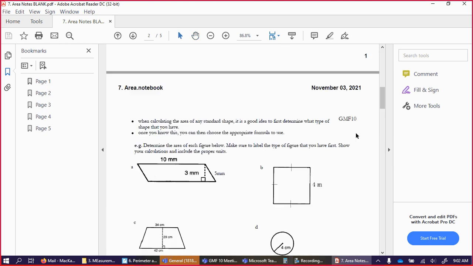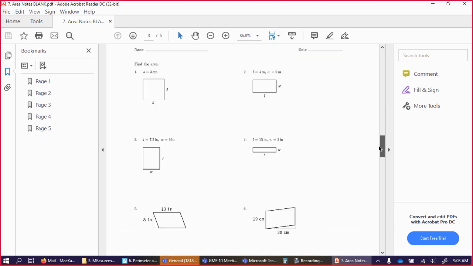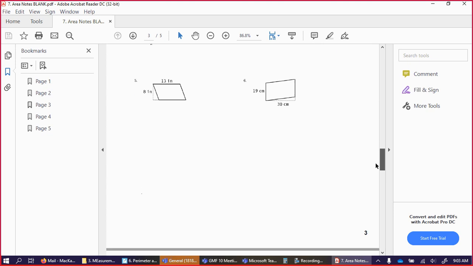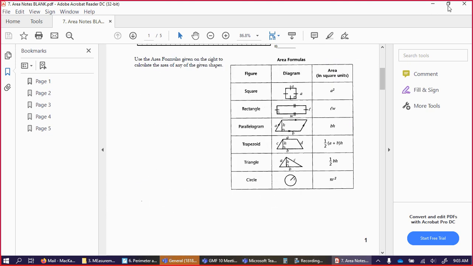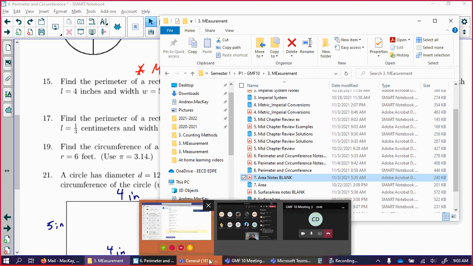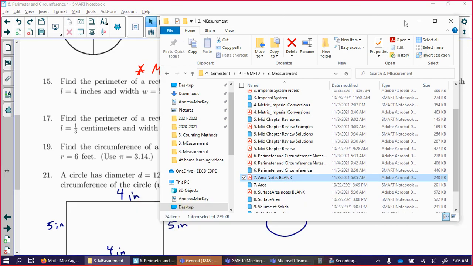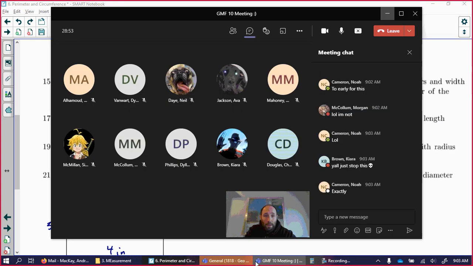You will be given formulas, side squared, length times width, base times height, all of that sort of stuff. And we'll go through some examples, and then there's some practice to do. But if you have a printer, you can print them. If not, you can kind of sketch them, follow along, and that sort of stuff.